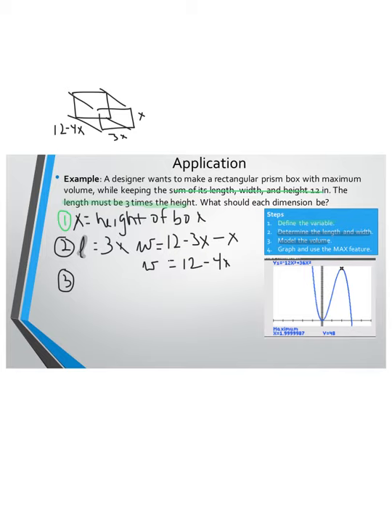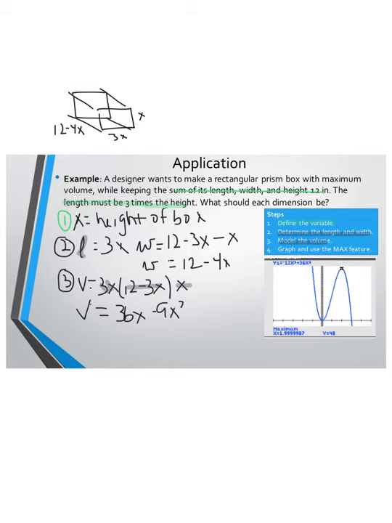So for step 3, V equals 3x times 12 minus 3x times x, because we have to have length times width times height. When we simplify this, we get our volume to equal 36x minus 9x squared.